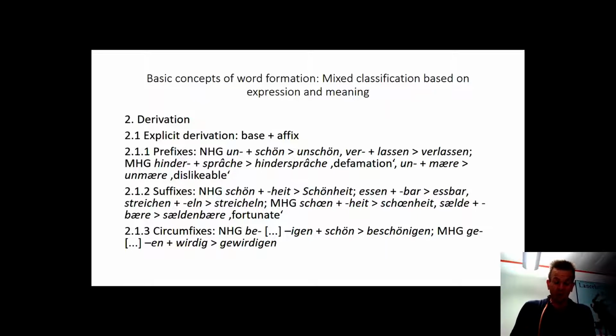The word class of the base can remain unchanged, as in the case of unschön, which arises from prefixing schön with un. In this case, one can speak of modification. If the word class of the base changes, as in the case of the suffixation of the adjective schön with heit, from which the noun Schönheit results, we speak of transposition as opposed to modification.